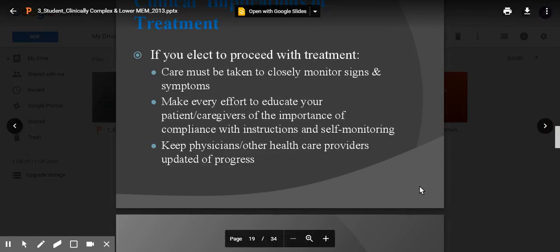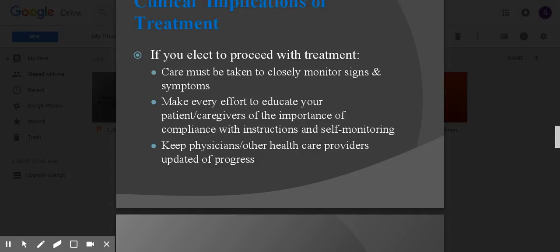If you do elect to proceed with treatment, care certainly should be taken to closely monitor signs and symptoms, and you should make every effort to educate your patient and caregivers of the importance of compliance and self-monitoring. A good example of this is if you have a patient with controlled congestive heart failure and you're going to undertake some edema management with their lower extremities and be pushing fluid back into their system, you would certainly want to alert the nursing staff who is maybe monitoring that patient: can you do me a favor?